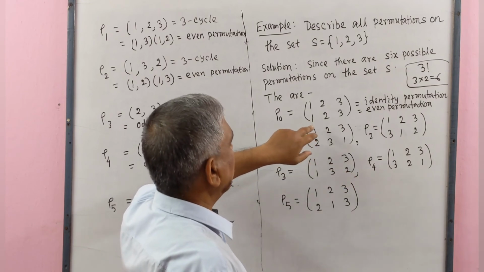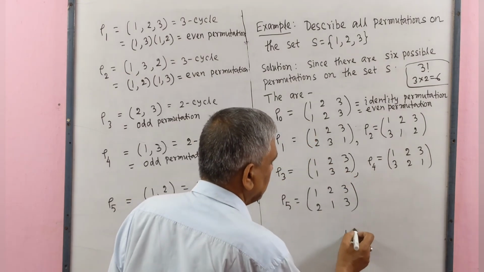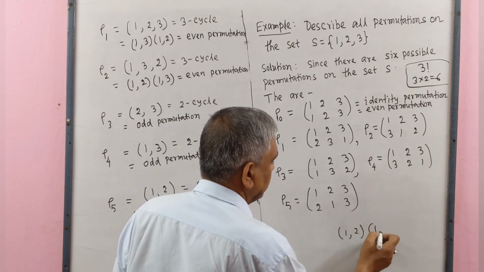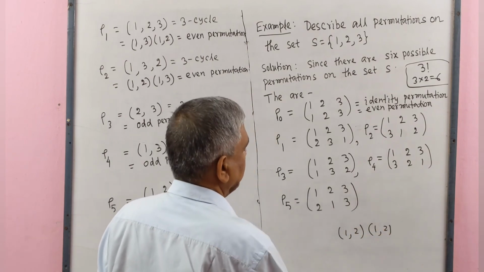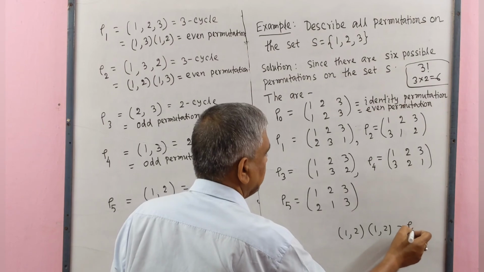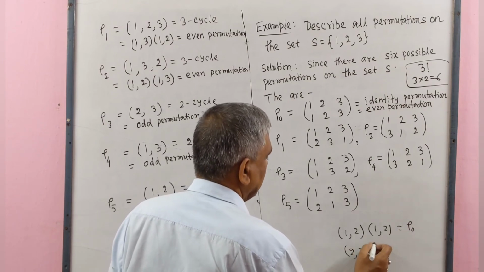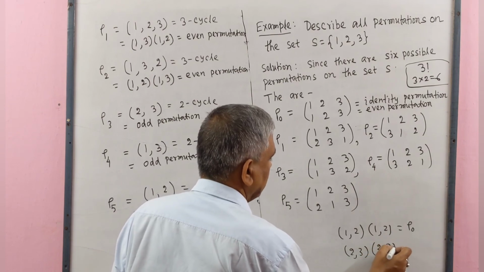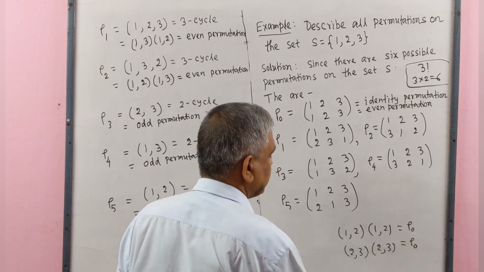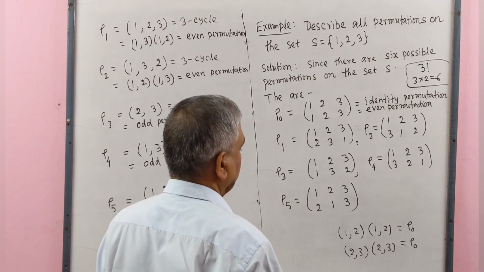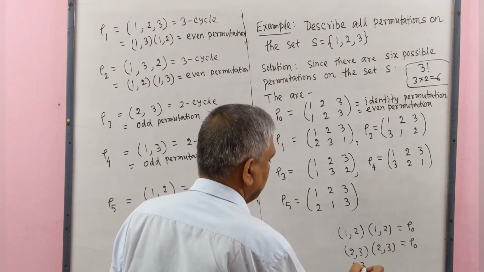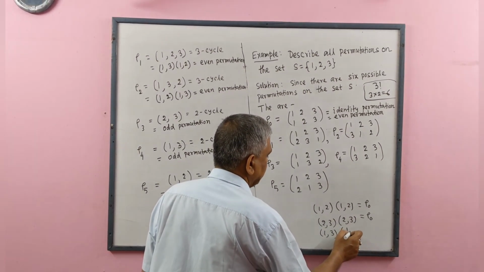If we take (1 2)(1 2), this is the identity permutation row 0, or (2 3)(2 3), this is also the identity permutation, or (1 3)(1 3).